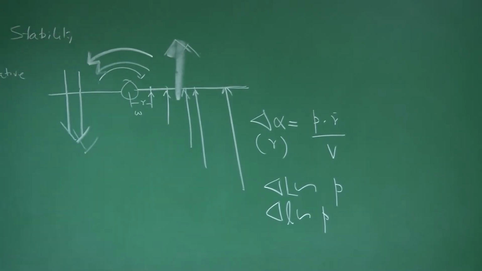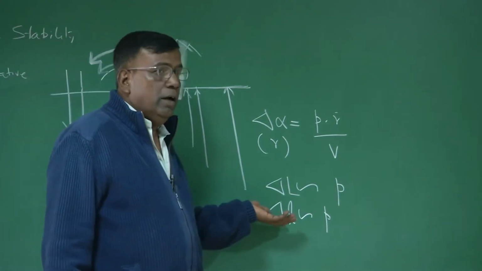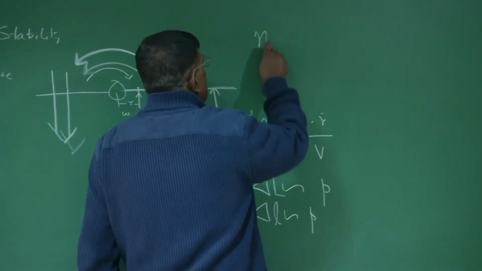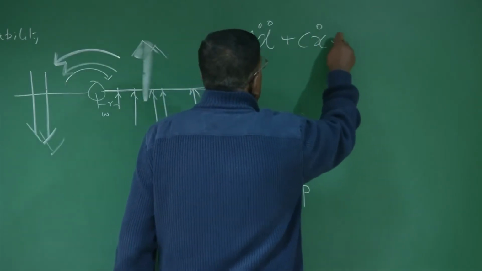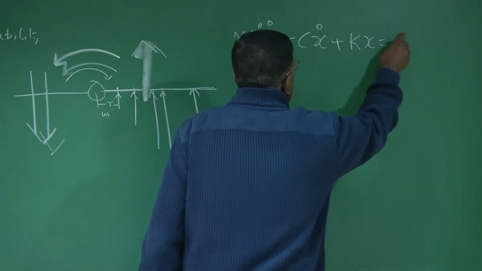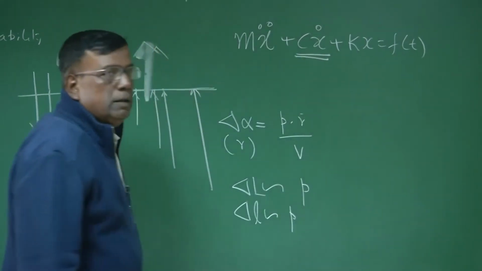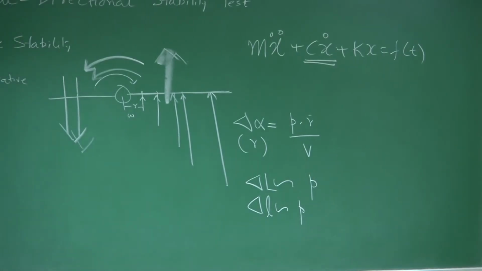No objection? Now this moment will be termed as what? A stiffness or a damping? Damping, because you all know that for a second order type of modeling, this is C x dot, proportional to the rate, and that C is the damping constant, right?